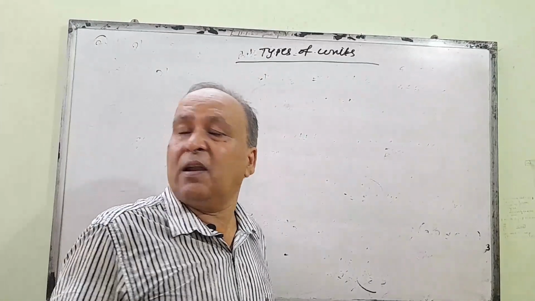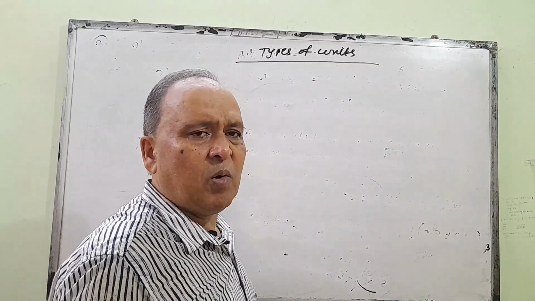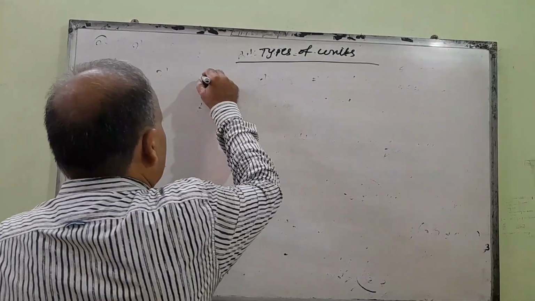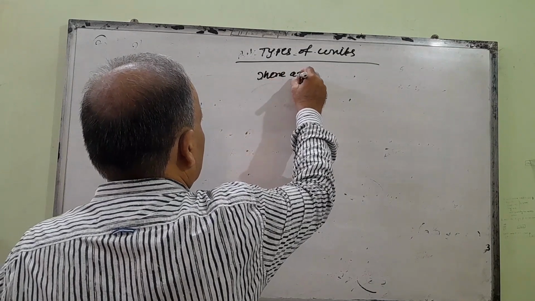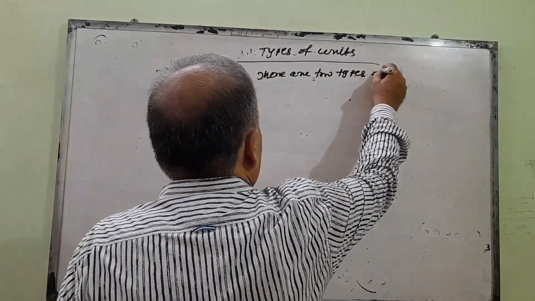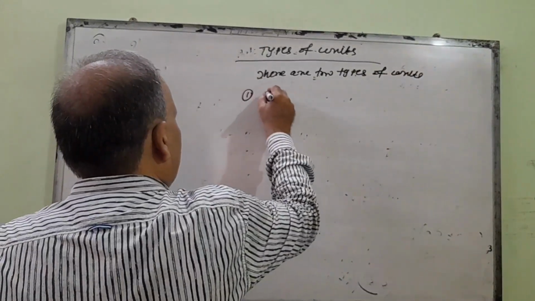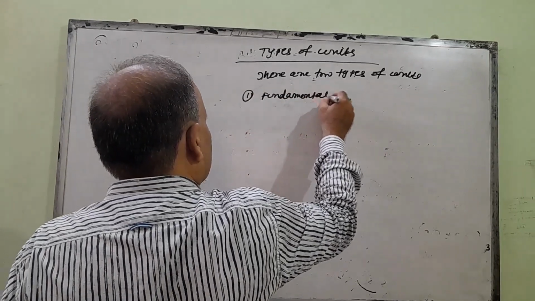These are the physical quantities which are undefined and they have only operational definition. So, what are fundamental units? There are two types of units. One is your fundamental unit.